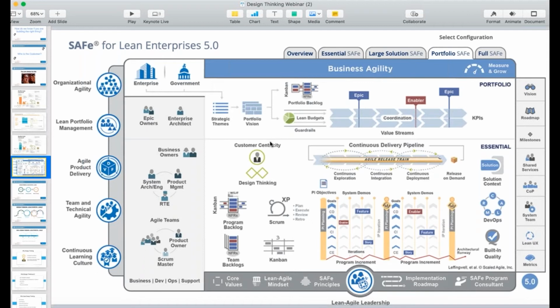It isn't about SAFe at all, but I just want to point out that design thinking is becoming more and more mainstream. If you use other scaled frameworks such as LeSS or Disciplined Agile Delivery, they also specifically call out design thinking in one way or another as a way to focus on actual customer needs. So this is becoming the norm.